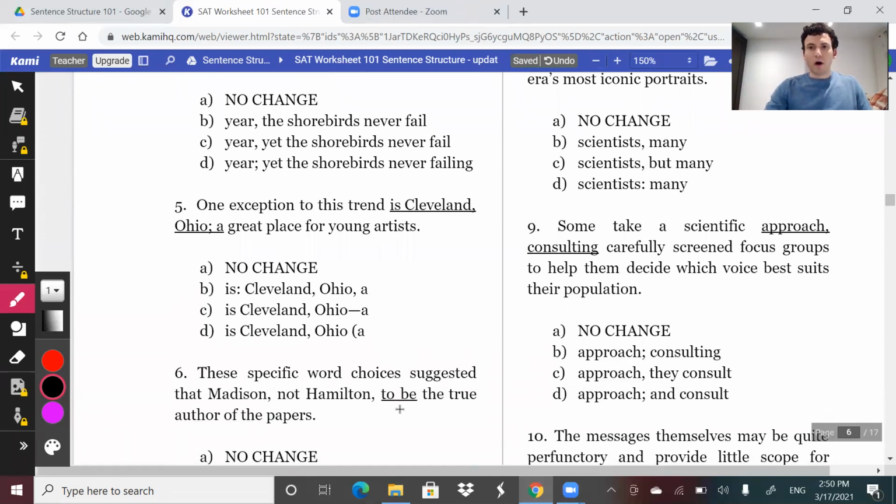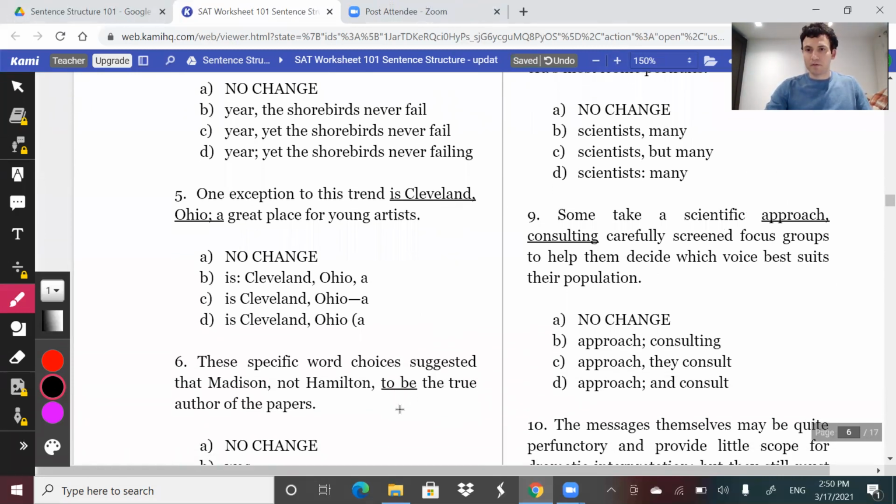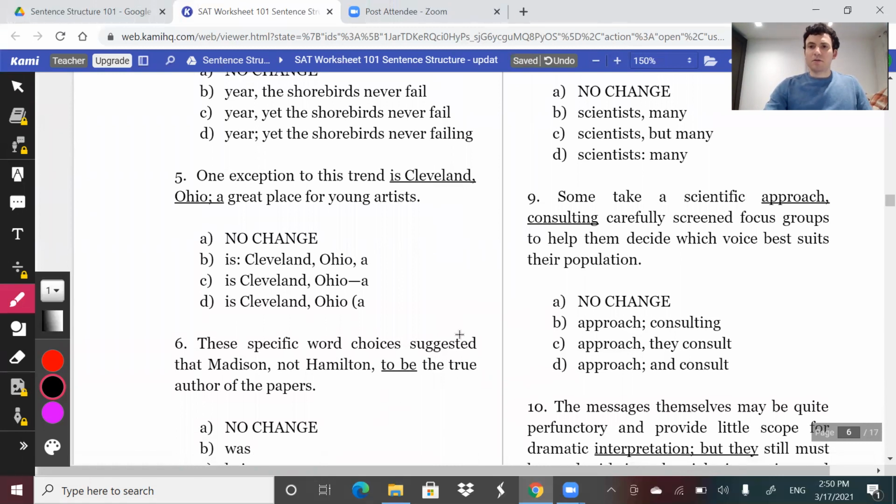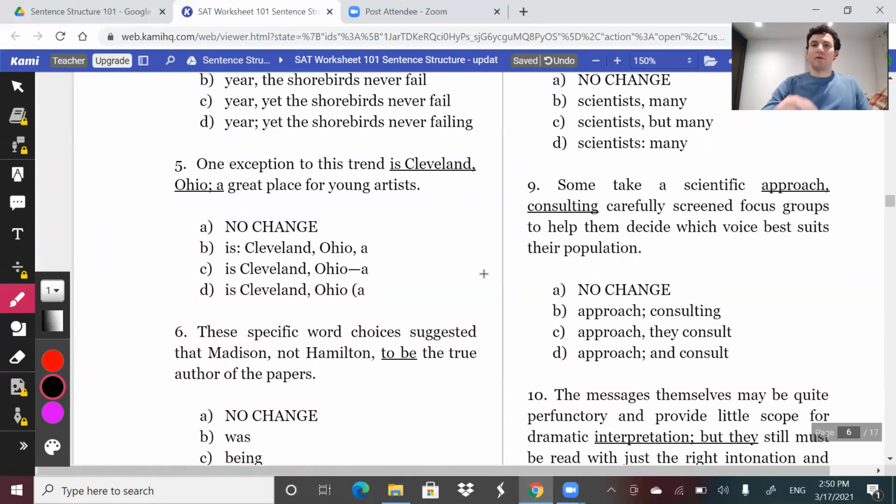I think a good one will be, let's do number 9. So number 9 says, some take a scientific approach. That's an independent clause. Some is your subject. So we have, some take a scientific approach.